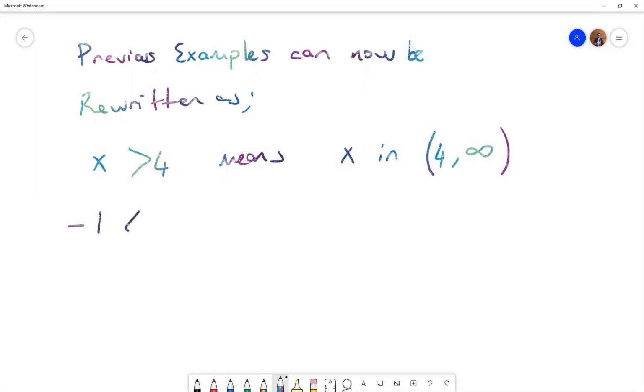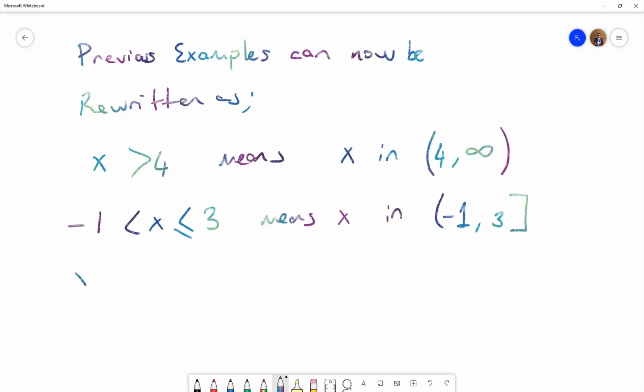And minus 1 < x ≤ 3 means x is in (-1, 3], open end at minus 1 and closed end at 3.